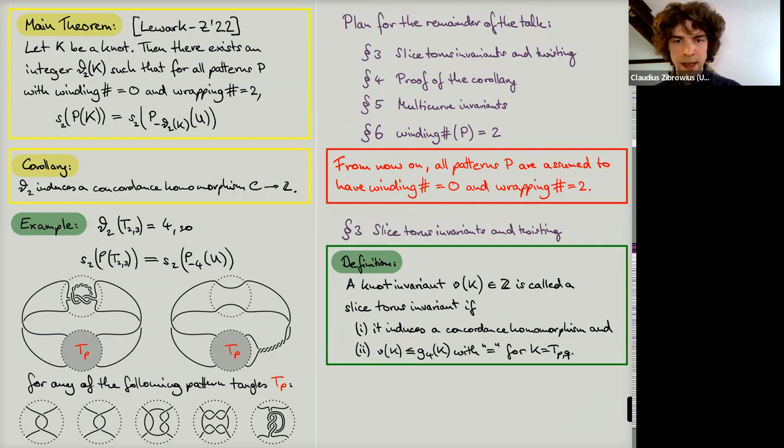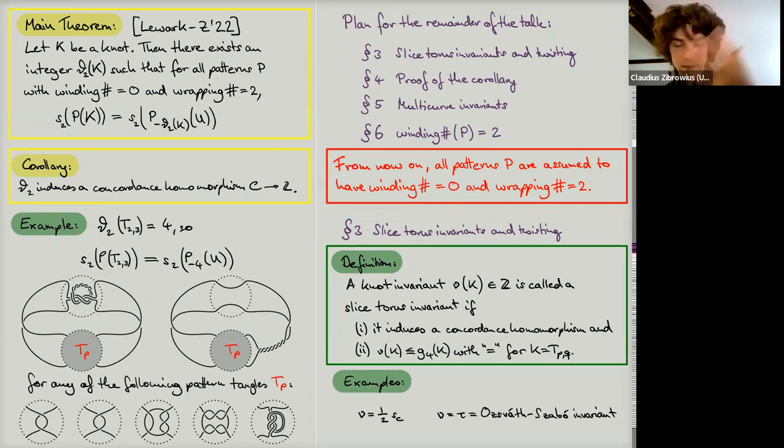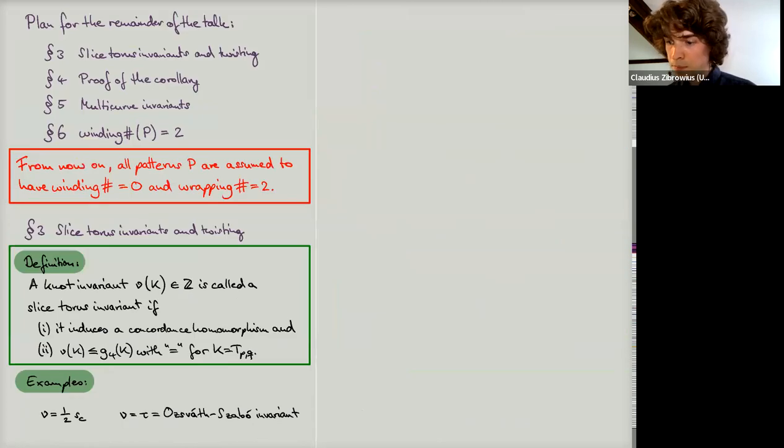We already heard yesterday about sliced torus invariants, so just a brief reminder: an integer knot invariant is called a sliced torus invariant if, first of all, it induces a concordance homomorphism, and secondly, if it gives a lower bound on the smooth 4-genus with equality exactly for the positive torus knots. Examples are the Rasmussen invariant, and on the other side also the Szabó tau invariant from knot Floer homology.